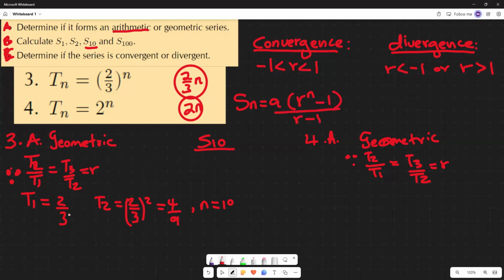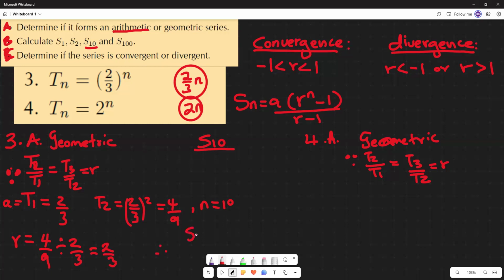Now we can see we have our A, which is the first term. Let's get r. Remember, r is term 2 over term 1. So it's going to be 4 over 9 divided by 2 over 3, which is 2 over 3. So that's your R. Now you can easily do S10.